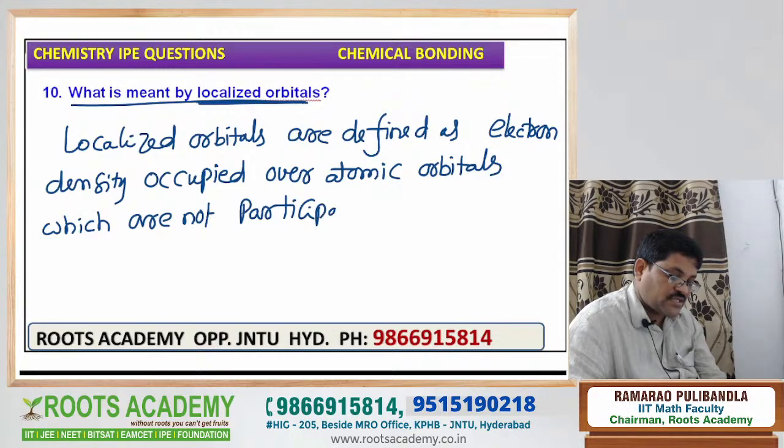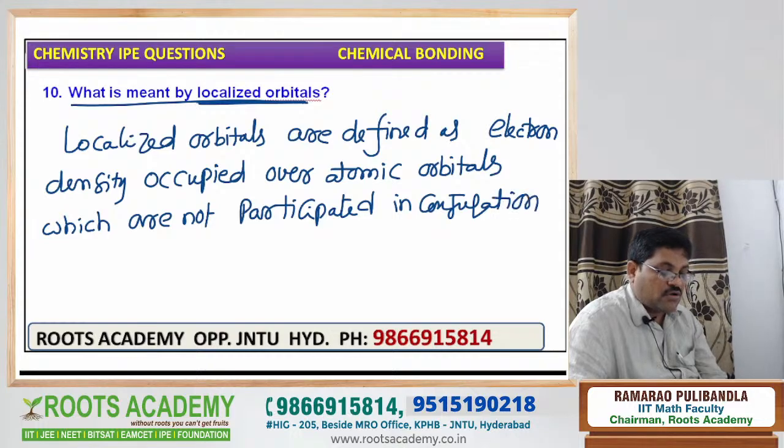Which are not what, students? Which are not participated in conjugation. That is the meaning of localized orbital.